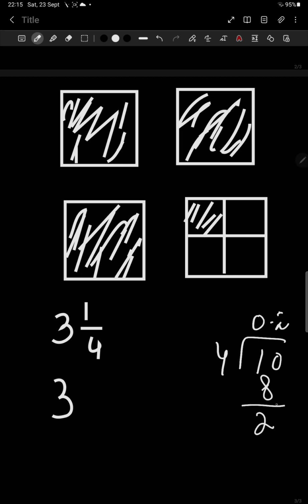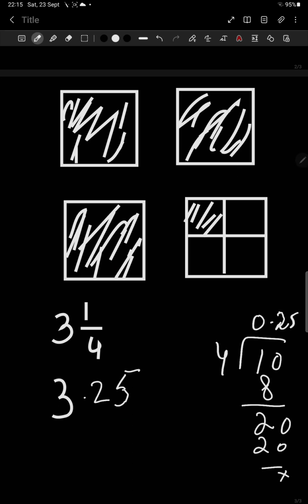The 2 is over here. So finally our answer is 3.25. In this way we have converted the number from a fraction to a decimal, and we can write it directly from the diagram as well.